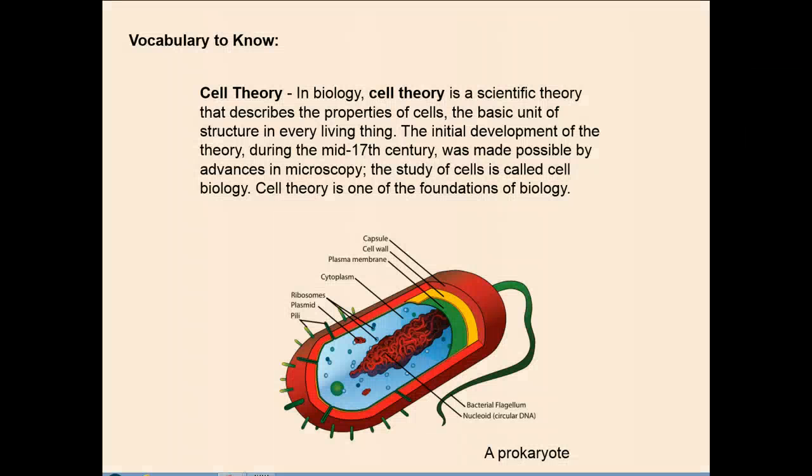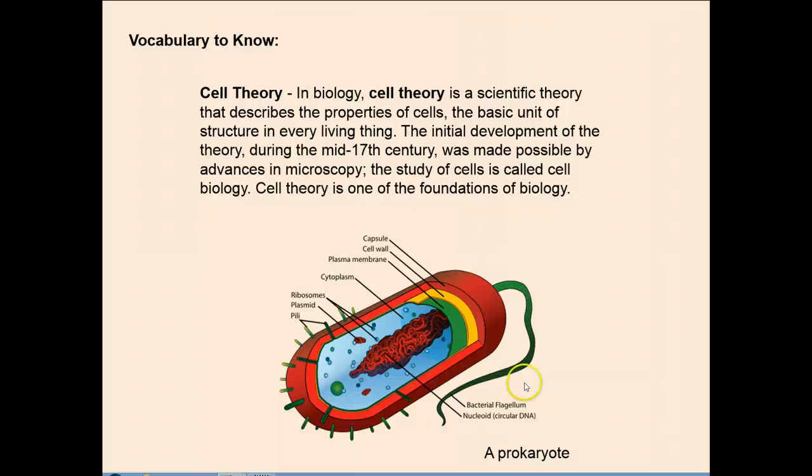And so if you're asked about cell theory, maybe even as a short answer, just refer to cell theory as a scientific theory that describes the properties of cells. And it's the basic structure in all living things. The initial development of the theory, though, in about the mid-17th century, was made possible by advances in microscopy. And you can go back to the early part of the presentation and refresh yourself.